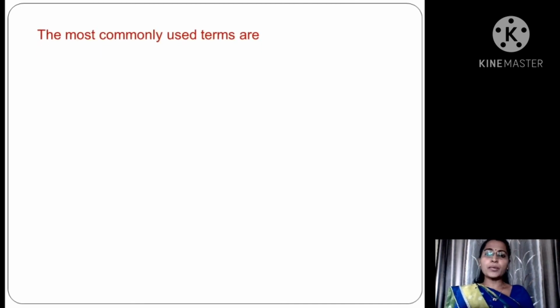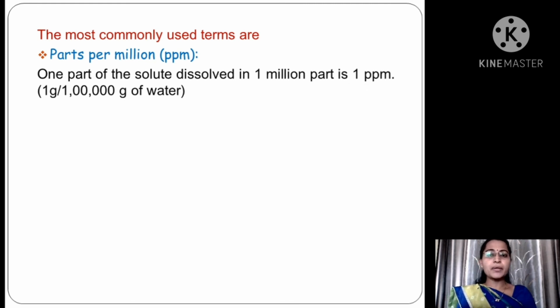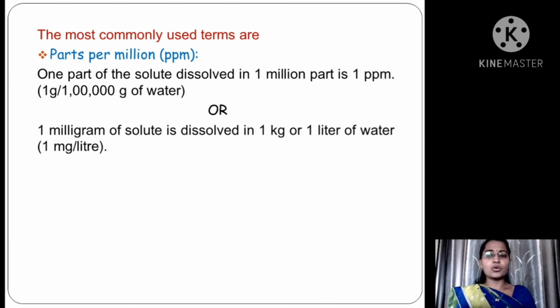The most commonly used term is parts per million, that is ppm. What is ppm? One part of the solute dissolved in 1 million parts is 1 ppm. Or we may also say 1 milligram of solute is dissolved in 1 kg or 1 liter of water.